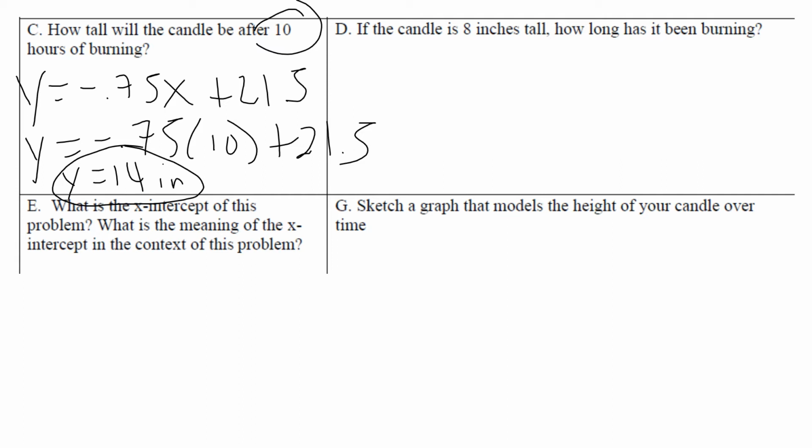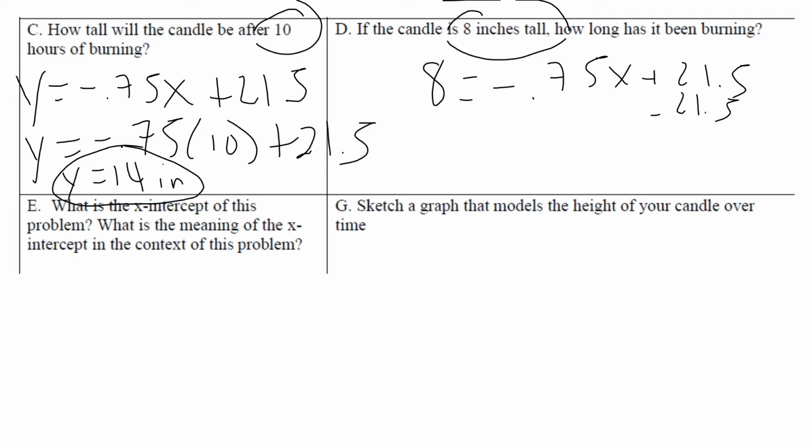Question D, if the candle is 8 inches tall, how long has it been burning? So now they're giving you a height. If you go back to the original question A, you told me that height was a y value. So now you're going to plug in that value for the y. So 8 equals negative 0.75x plus 21.5.